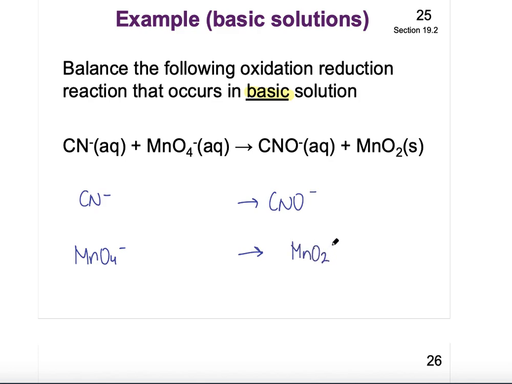All right. So remember that the first thing that we want to do is to balance the elements. So carbon and nitrogen, there's one of each of them, they are good. On the bottom, my manganese and my manganese is 1 and 1, they are good.